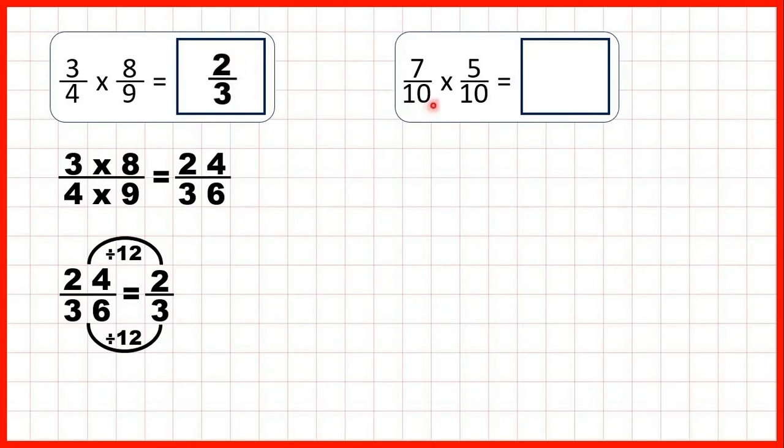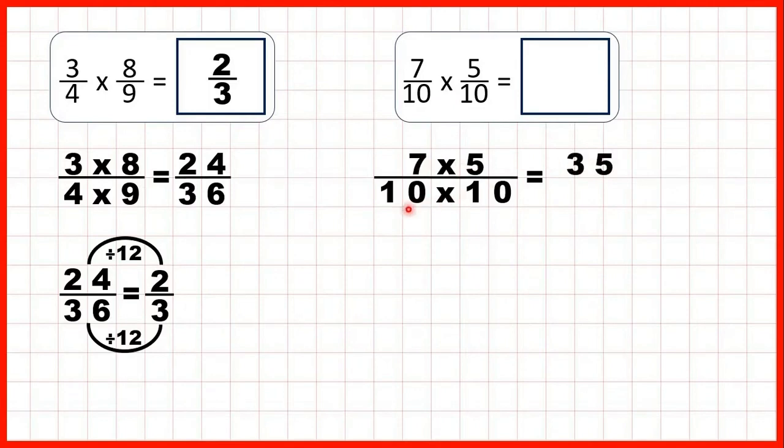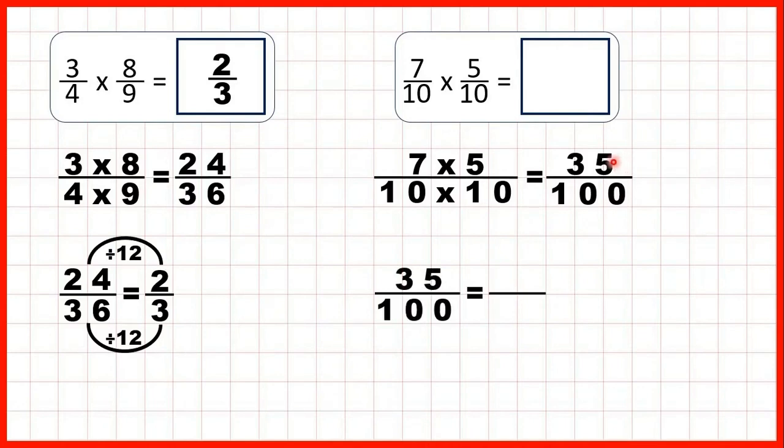Now we have 7/10 times 5/10. So 7 times 5 is 35, and 10 times 10 is 100. So our answer is 35 over 100. But we can simplify that, because 35 and 100 are both in the 5 times table. They're both multiples of 5.